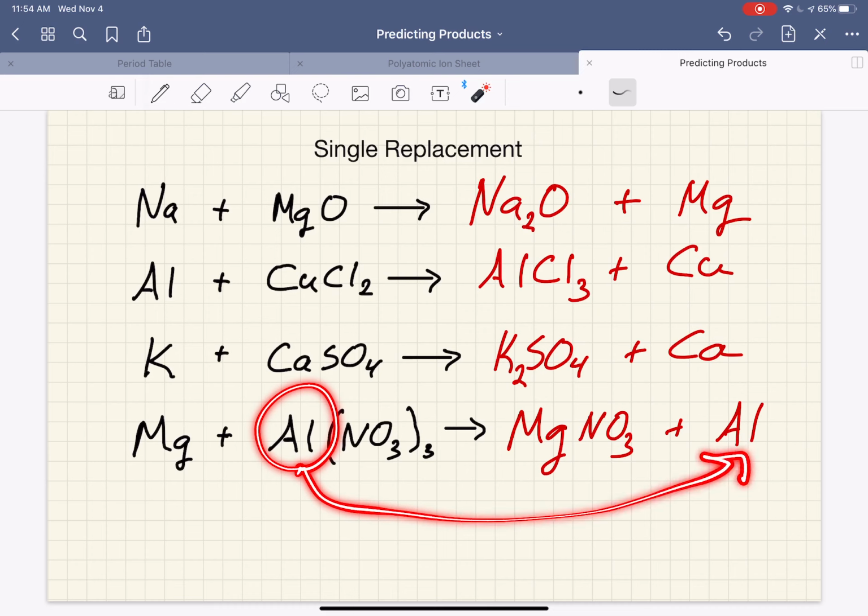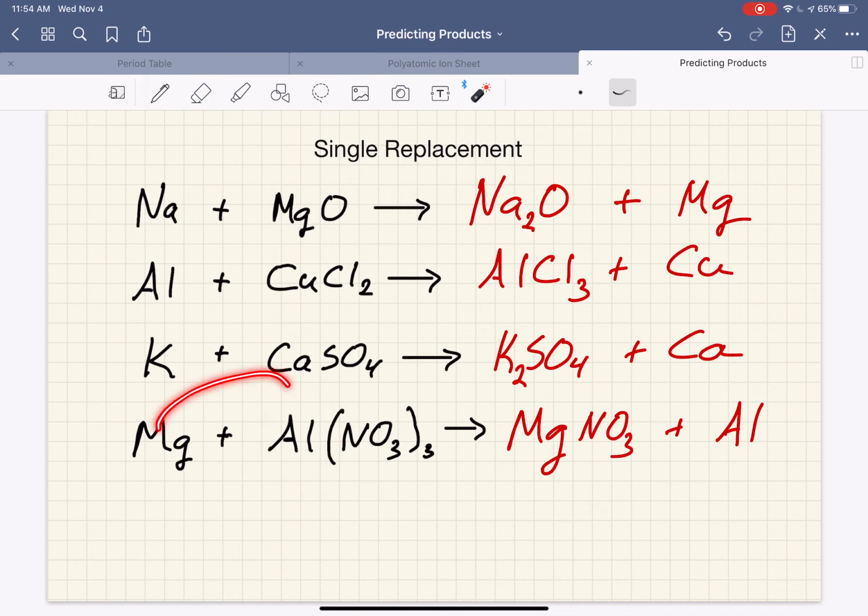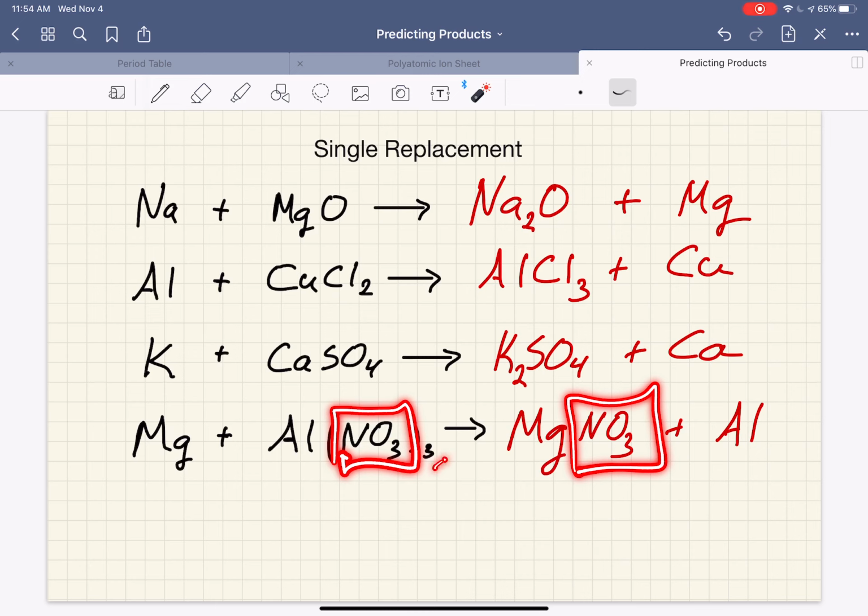Aluminum is getting replaced, so it's all by itself. Magnesium slips into its spot. This subscript does not get carried over, just the individual package. So this NO3, that gets moved over, but that 3 on the outside does not. That tells us how many of that package there is.